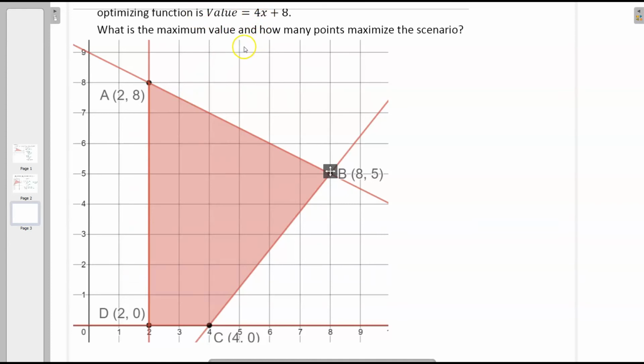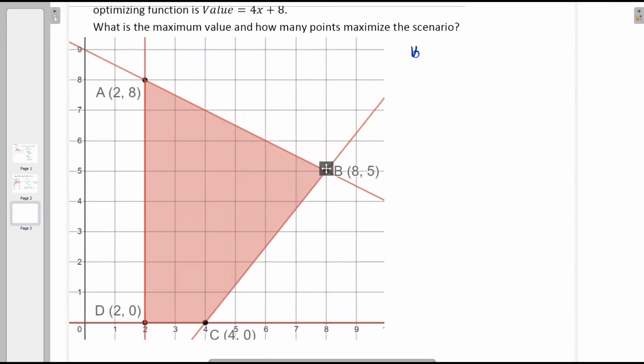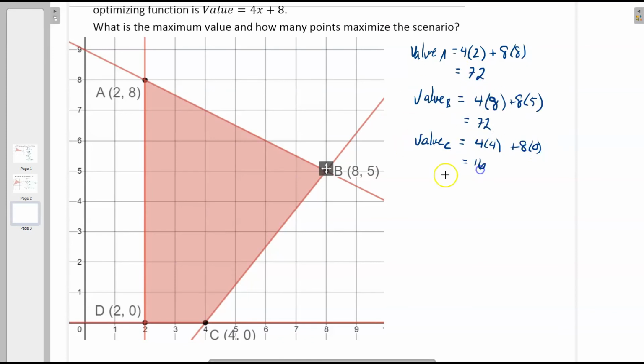So I'm going to go ahead and do that quickly. So once we've done that calculation, we can see that the maximum value is 72, and it occurs in 2 locations. So there are 2 vertices, A and B, which give us that maximum value.